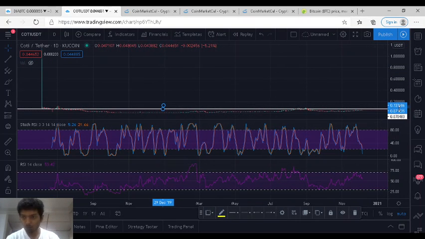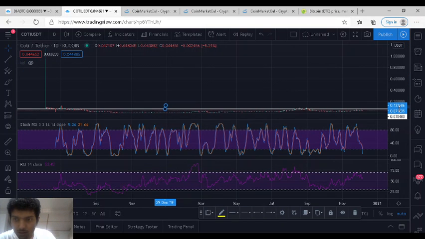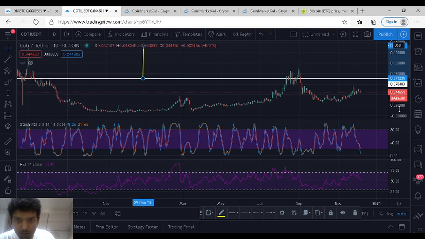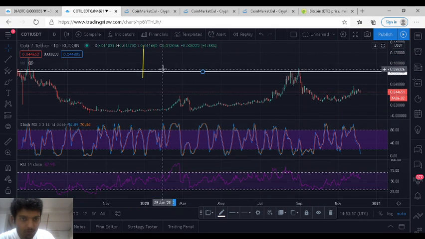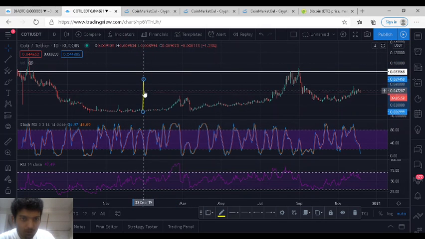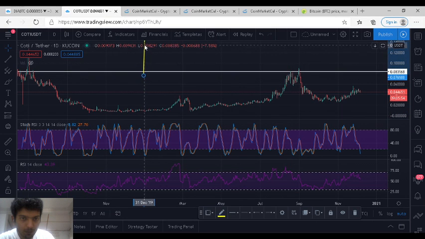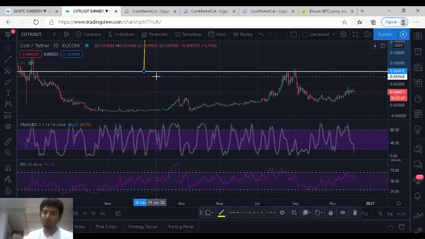So our target would be around 13 cents. Okay, now a bit higher. We go. Yeah, around 16 cents. So around the 16 cents level, it would be a take profit.